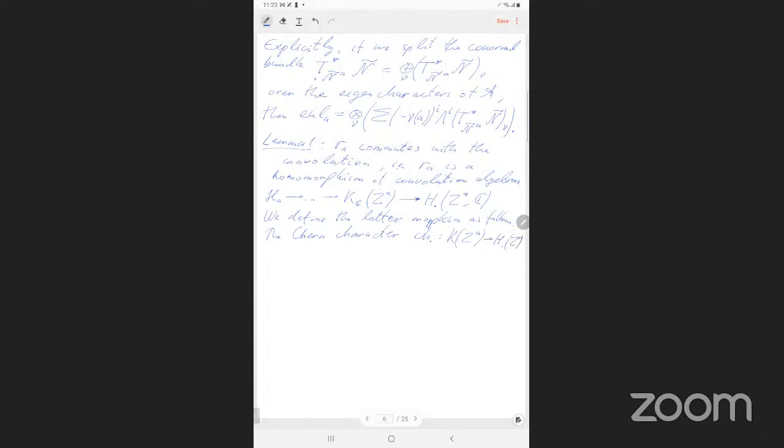And what is the meaning of this? Usually the Chern character goes from the vector bundle K-theory to the cohomology, right? And here we use again the supports. So we have the A embedded into Ñ_A times Ñ_A.